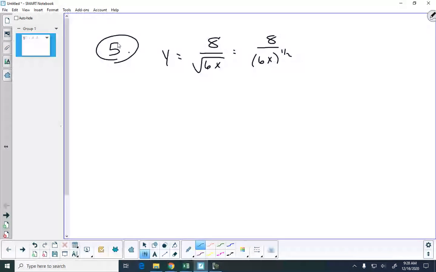Then to move this to the numerator, we could throw a negative exponent on it. So we have 8 times the quantity 6x to the negative 1/2 power. Like I said, we'll take a look at this the other way also, and once again we'll see there's a bunch of ways to skin the proverbial cat here.